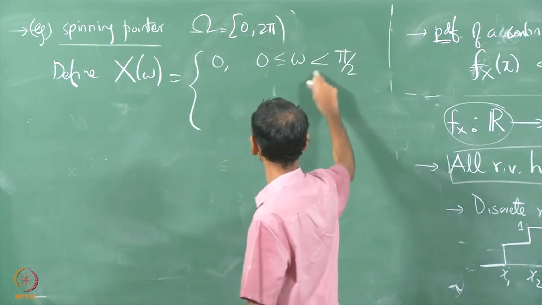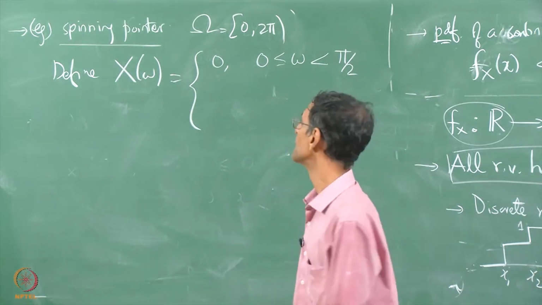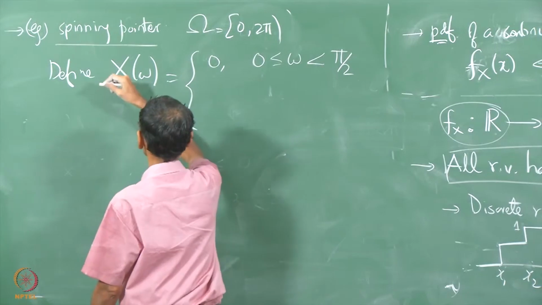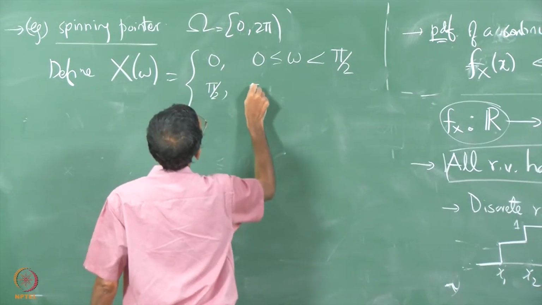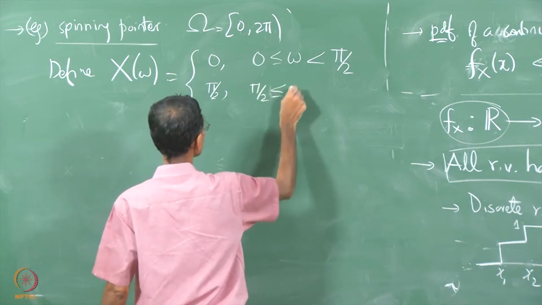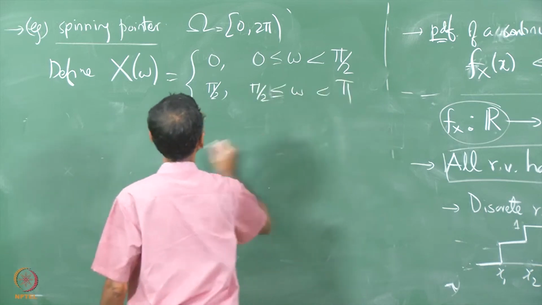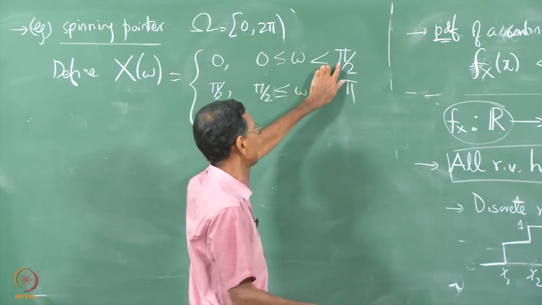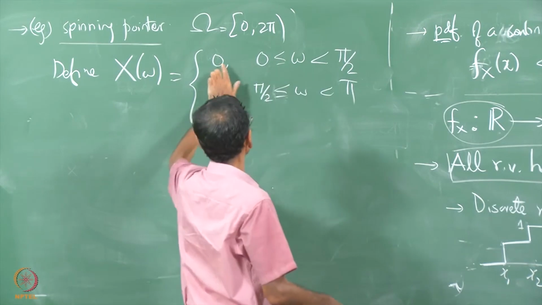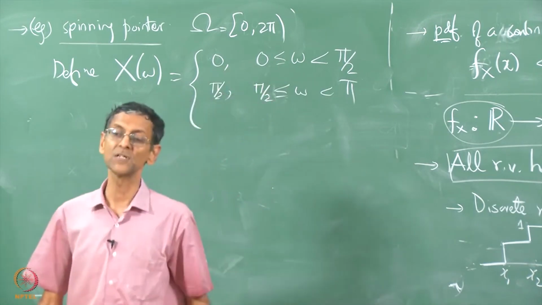Note here I cannot put less than or equal to. Then I say that the measurement takes the value pi by 2 for this range of output angles. So if this pointer is going to stop at any number between 0 and pi by 2, not included, I am going to say that the value of the random variable is 0.